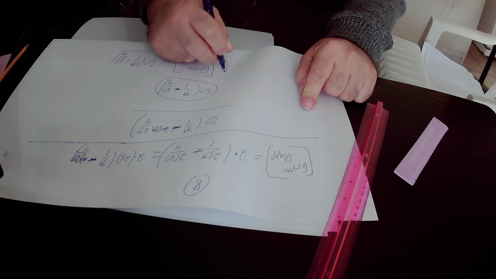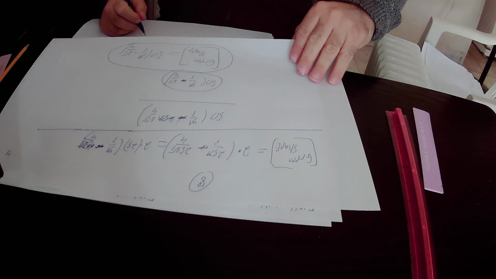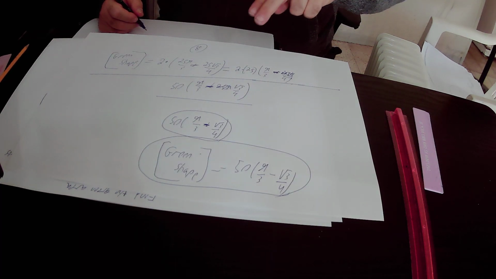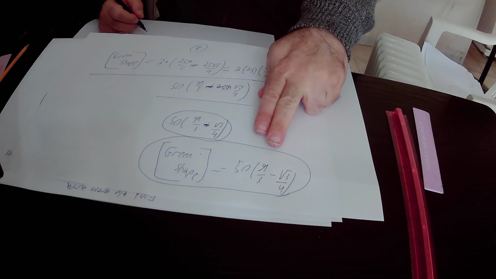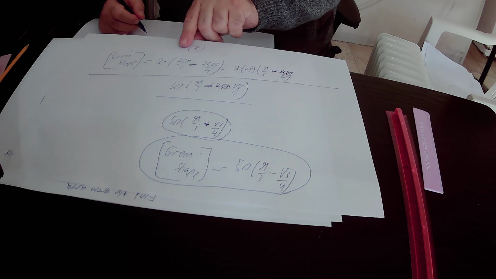That is the area of the green shape according to the first method.